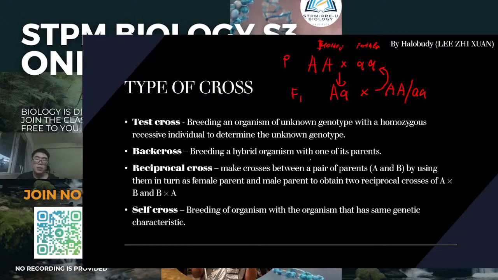It is a cross between a pair of parents, using them in turns as female parent and male parent, to obtain two reciprocal crosses of A and B. So when we do a cross where the capital A genotype is the mother, then the recessive genotype is the father. In the reciprocal cross, the capital A genotype becomes the father, and the recessive genotype becomes the mother.